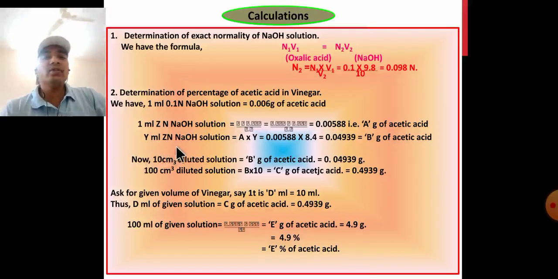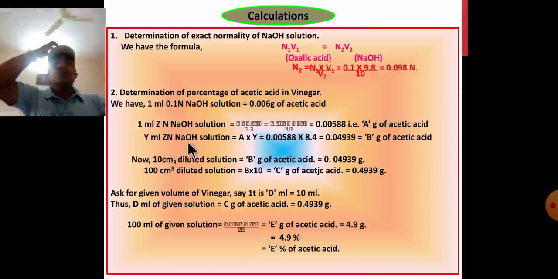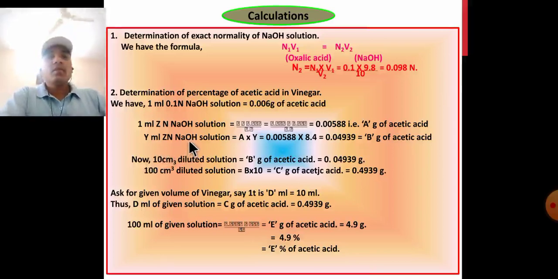Then Y ml of Z normal NaOH solution is equal to A × Y = 0.00588 × 8.4 = 0.04939, that is B gram of acetic acid.